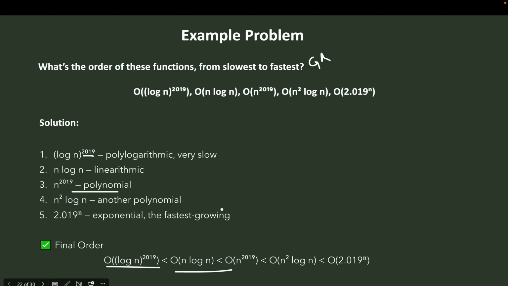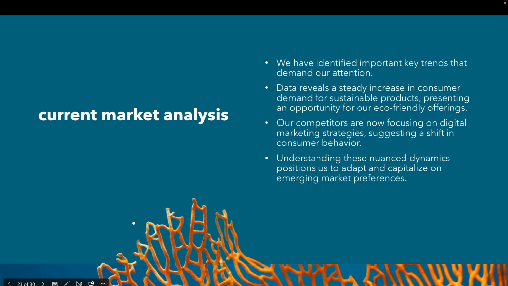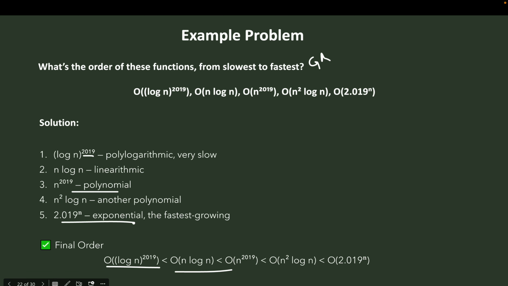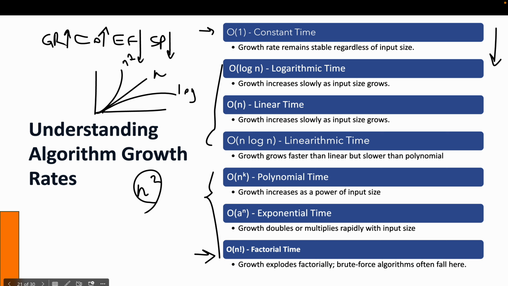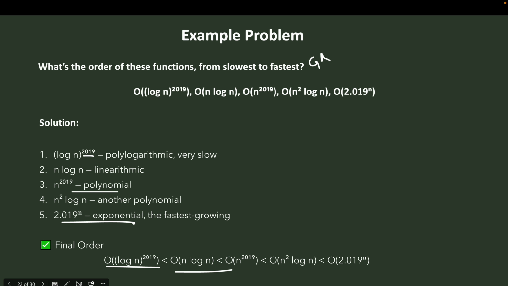Again, you have another one, n squared log n, which is another polynomial. And here we have an exponential. As you can see, this exponential time growth rate is more than polynomial time.